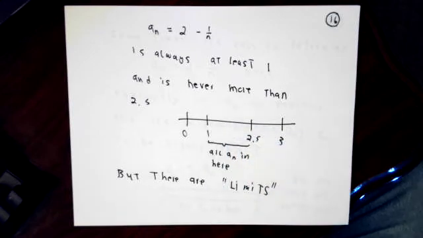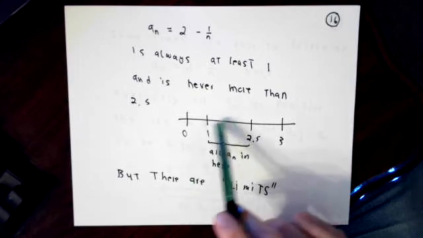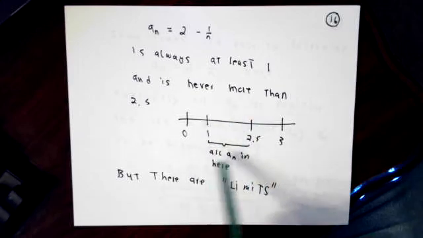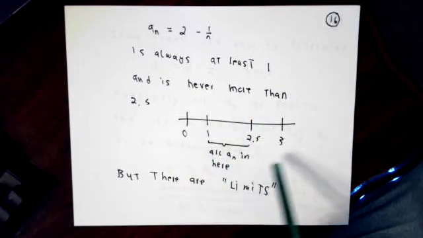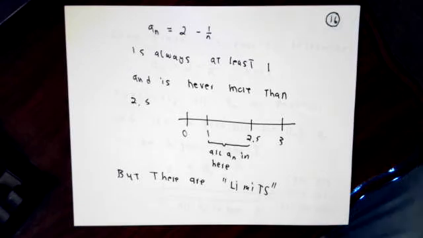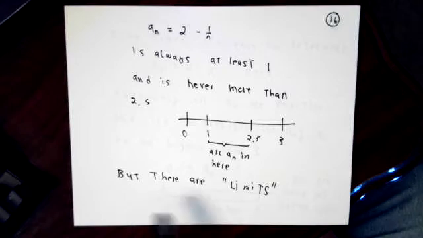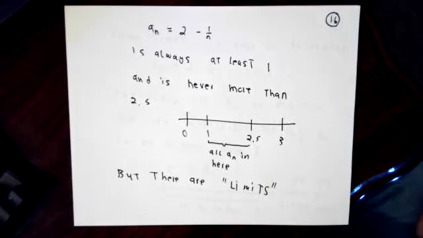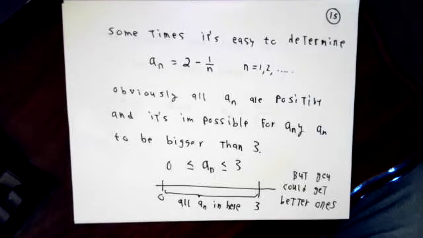You could have bigger intervals. This interval is contained within the interval from 0 to 3. 0 to 3 would be a rougher, looser estimate for where all of these a numbers have to be. You can sometimes reduce the size of the interval you're looking at, but to make a bad pun, there are limits to how much you can do in that regard.